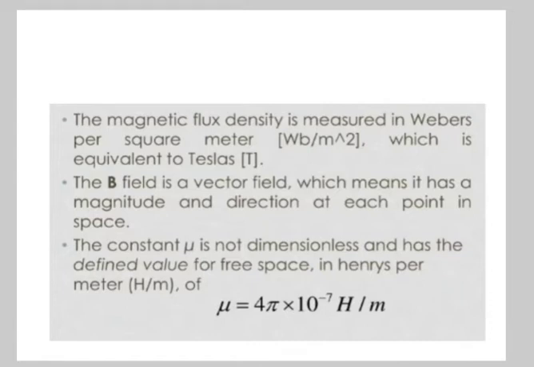The magnetic flux density is measured in Webers per square meter, which is equivalent to Tesla. The B field is a vector field, which means it has a magnitude and direction at each point in space. The constant mu is not dimensionless, and it has the defined value for free space in henries per meter. So here the value of mu is given.